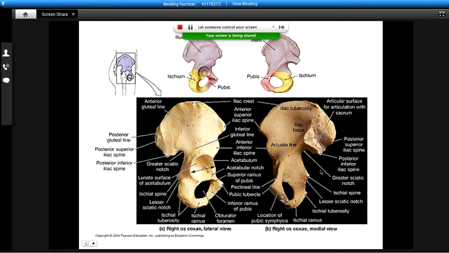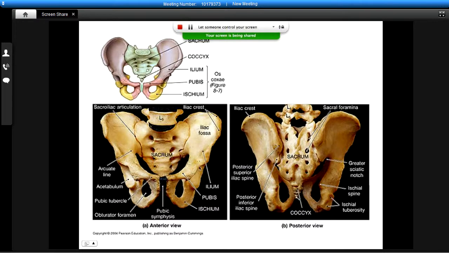Should be able to identify the iliac spine, the ischial spine, the prominent pubic tubercle, and should be able to identify these landmarks. This is a good view of the pelvis, anterior and posterior view. Look at the points of articulation here from the sacrum and the pelvic bones themselves. The symphysis pubis, very important point of communication between the two pelvic bones.